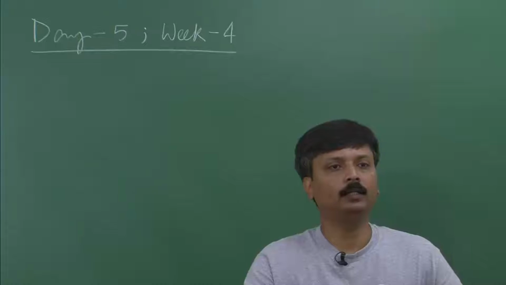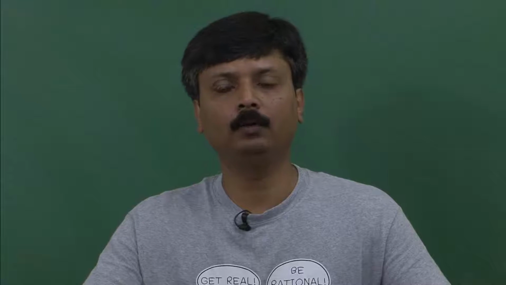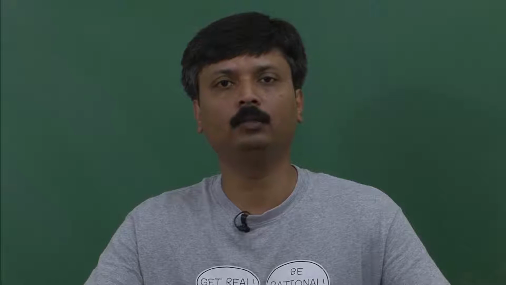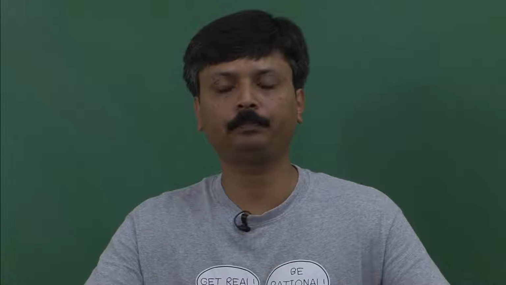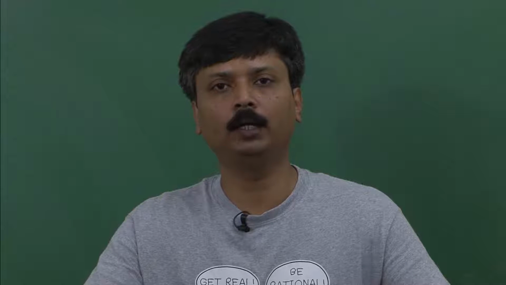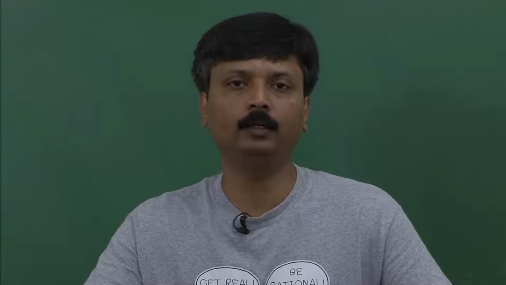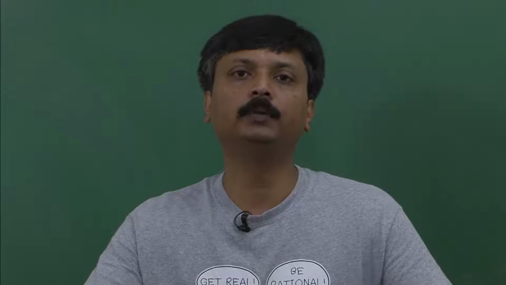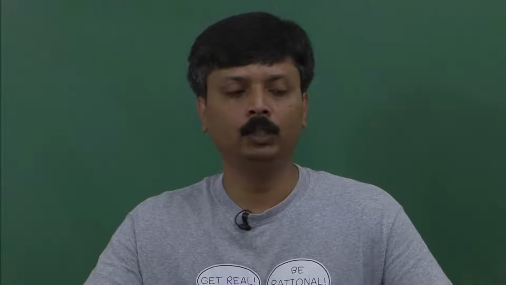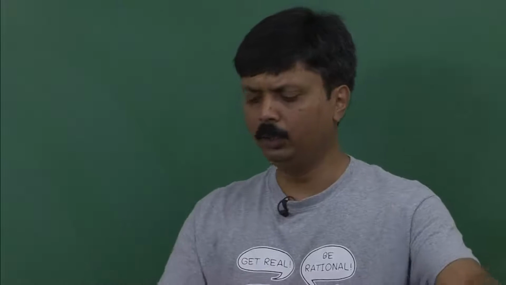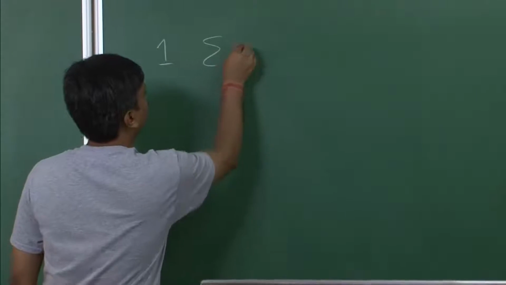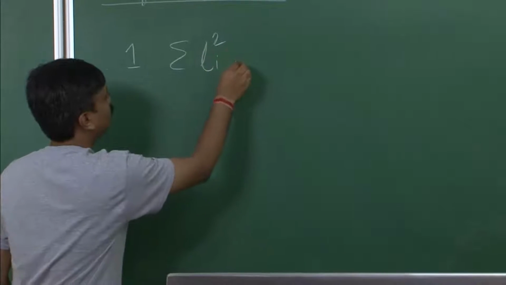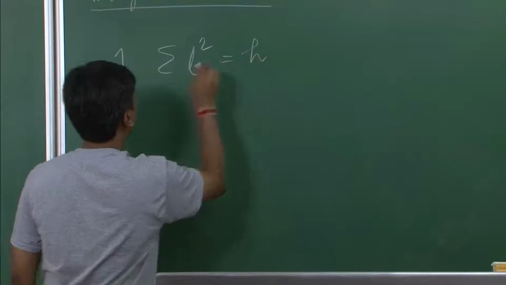In the last class we learnt about the theorem called the great orthogonality theorem, and we also learnt about 5 important rules that come out as a consequence of it. The first rule: the sum of dimension squared equals the order of the group.